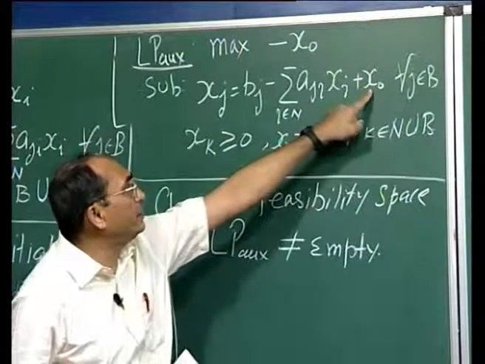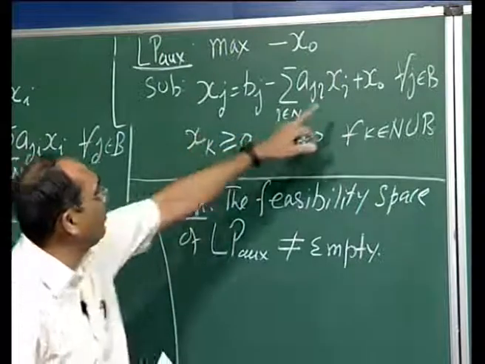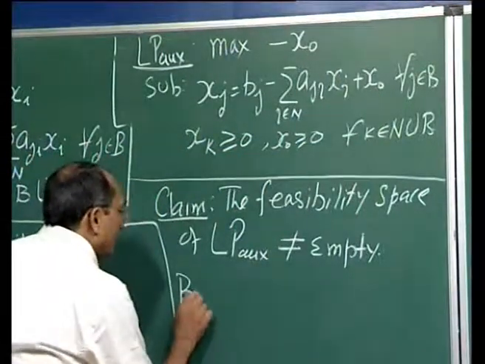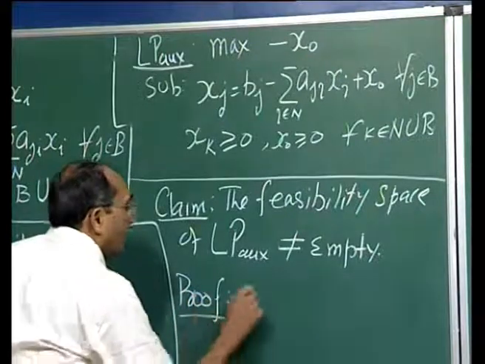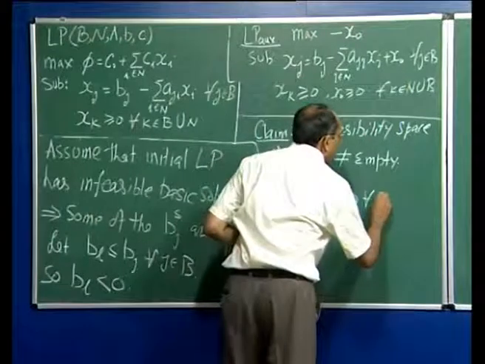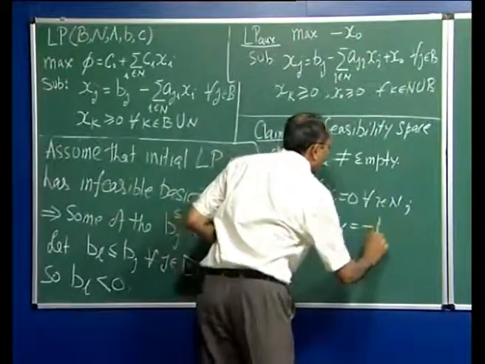If you take x naught to be minus bL, okay, so the proof is: take xi to be 0 for all i in N, and take xL to be minus bL.